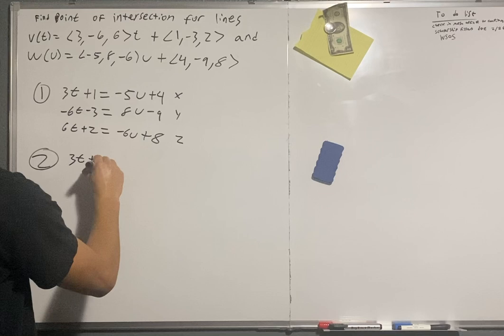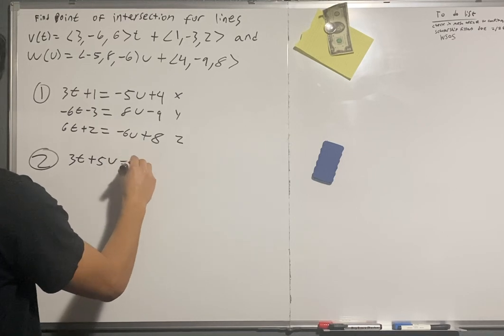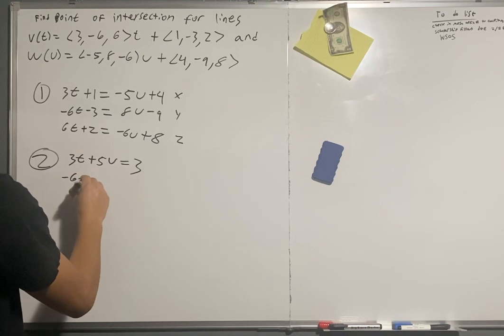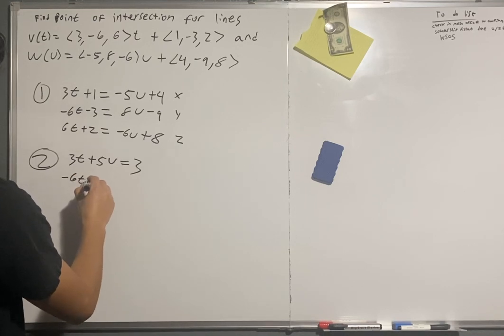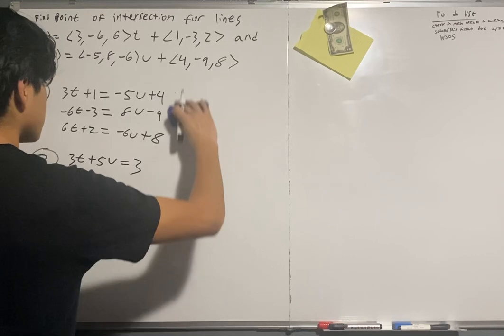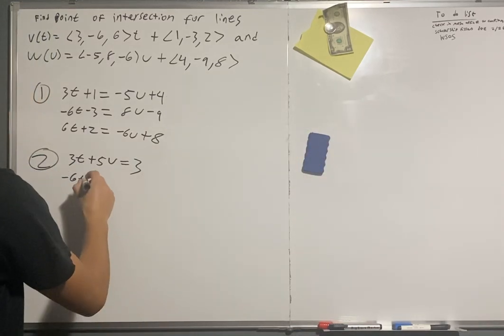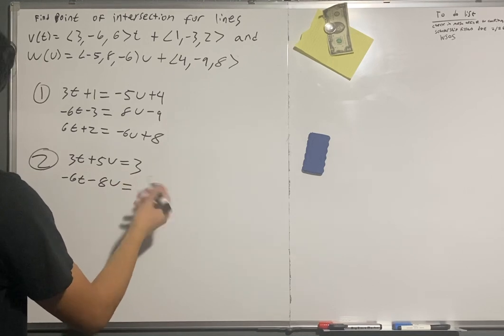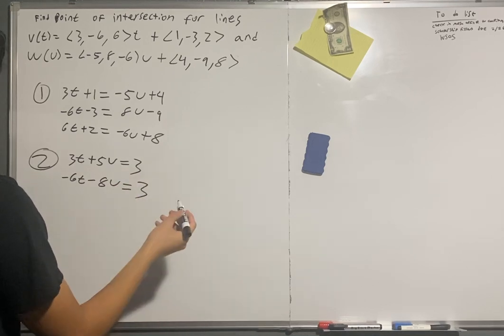3t plus 5u is equal to 3. Negative 6t. I don't really like this in a way. Minus 8u is equal to 3.